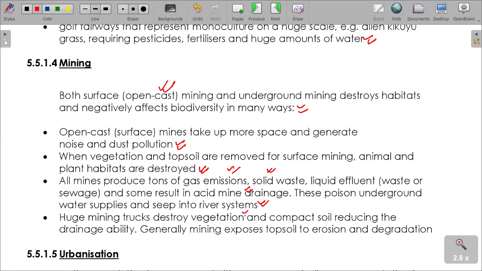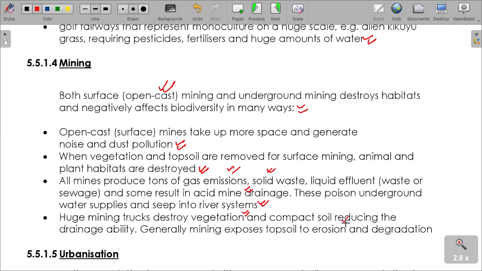I'm sure that I've talked about extensive cutting down of trees, which is always taking place where mining is taking place, which reduces soil drainage again. And then they also compact land, the machinery that is used there. And then it also exposes the topsoils to what?